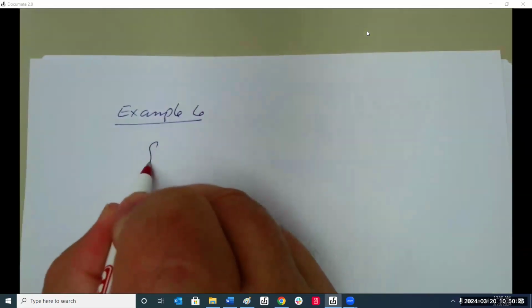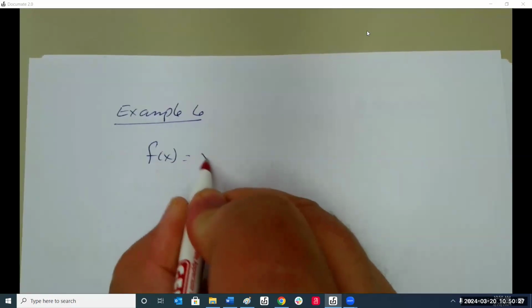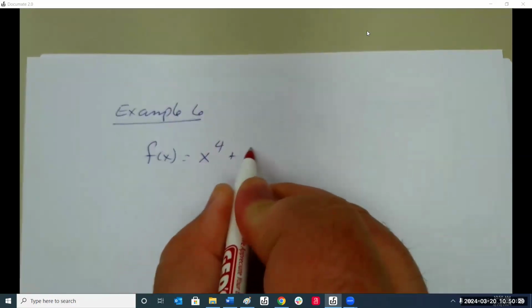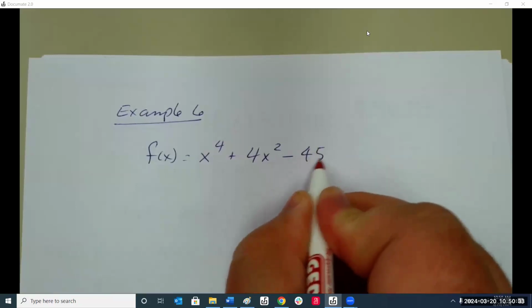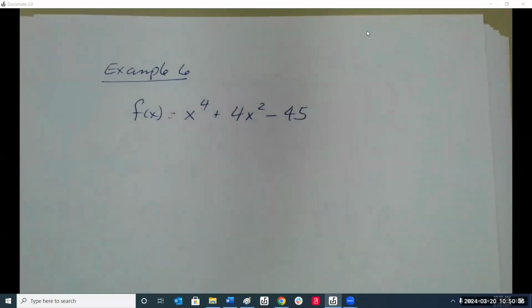And the last example. Example 6. Okay, we're fortunate. It only has 3 terms.